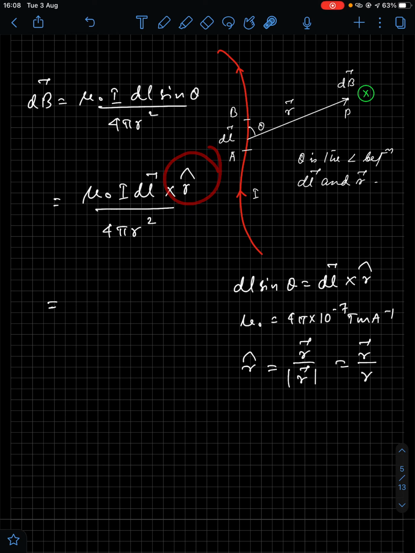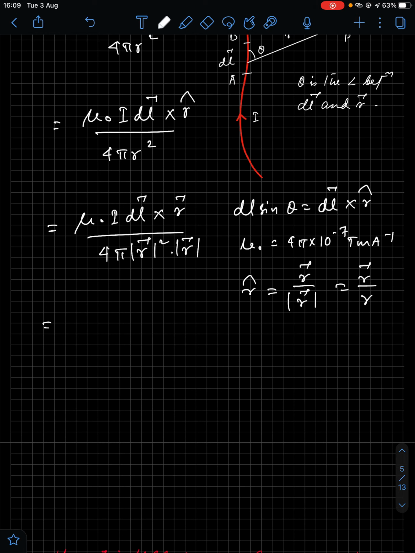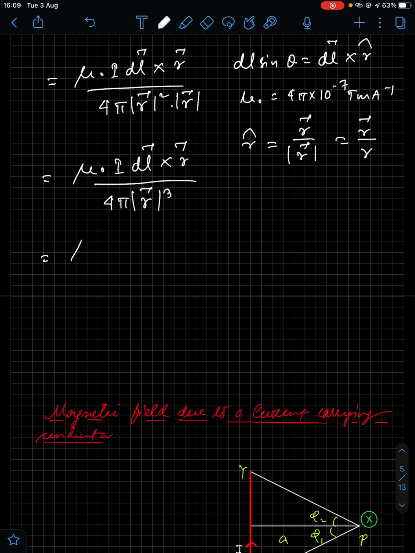So in place of r cap, we now have mu naught I dl cross r vector by r vector modulus. Here we have 4 pi r square, which we can write as r modulus into r modulus, so this can be written as mu naught I dl cross r vector divided by 4 pi r cube.